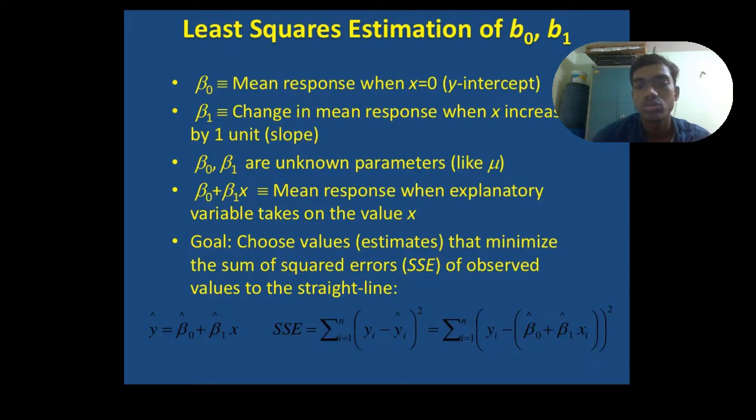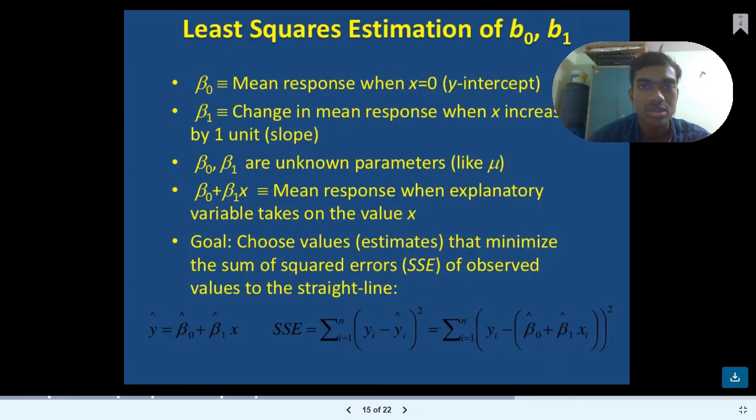The goal is to choose values that minimize the sum of squared errors of observed values to the straight line.